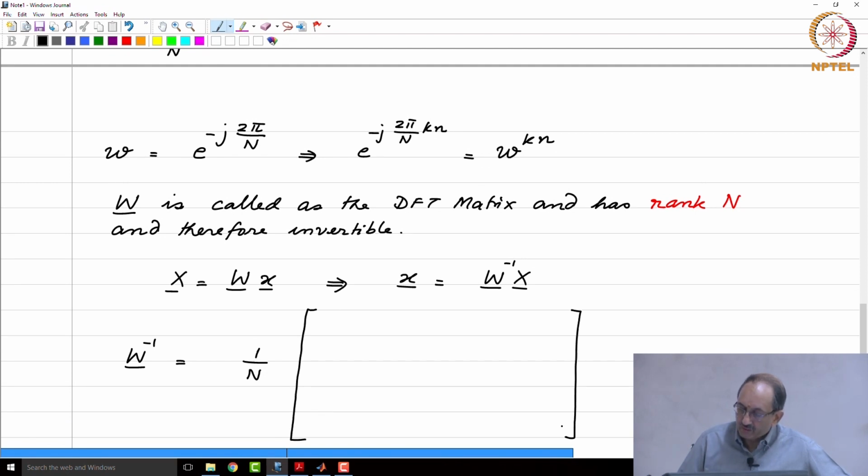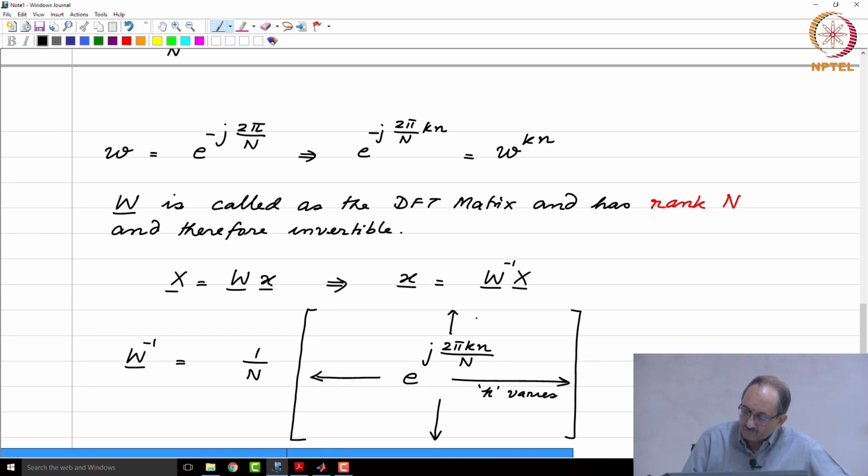So, that is also an N by N matrix. It is e to the plus j 2 pi k n by capital N, and in this dimension k varies, and in this dimension n varies.